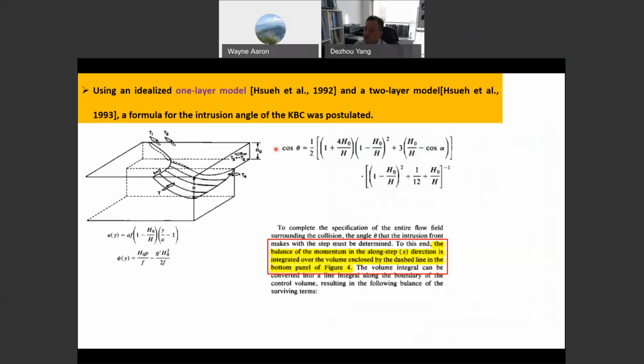She also used an idealized one-layer model and two-layer model. He suggests the formula for the intrusion angle of the Kuroshio branch current. He just used the balance of the momentum and gave an intrusion angle.